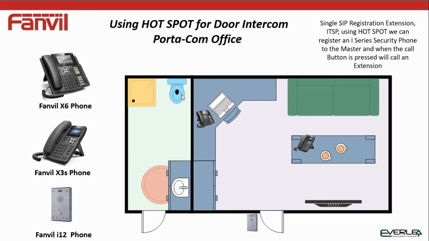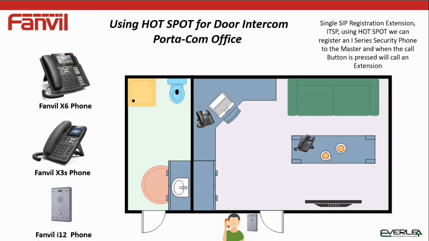So now what we've got here is a portable office and intercom. Even an apartment environment we could use this for, but let's say it's secure, the door's shut, etc. What I've got here is the X6 and the X3, but I've also now got an i12, which is an IP-rated external door phone, brushed metal, stainless steel, very robust, hardy, quite popular, very well priced.